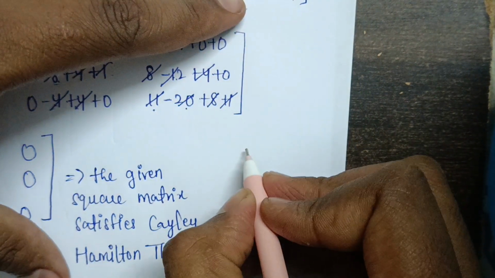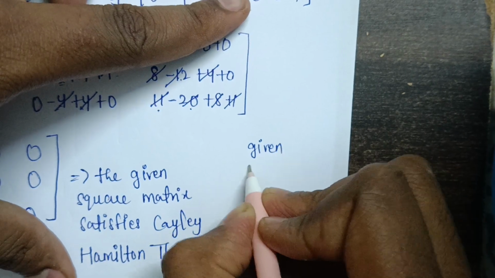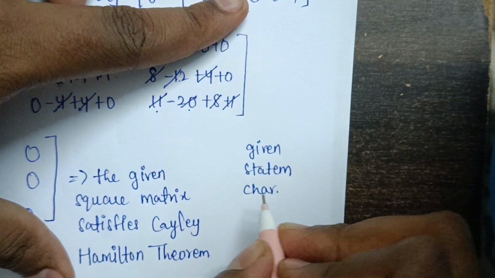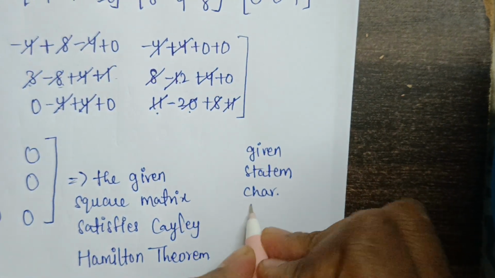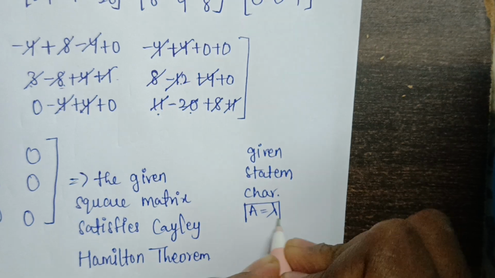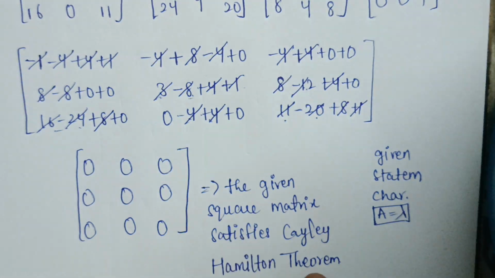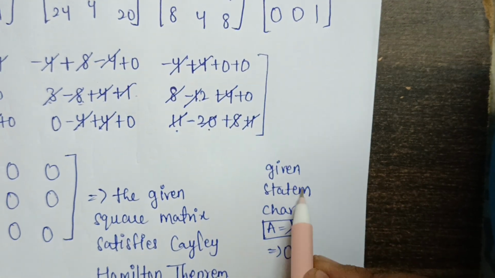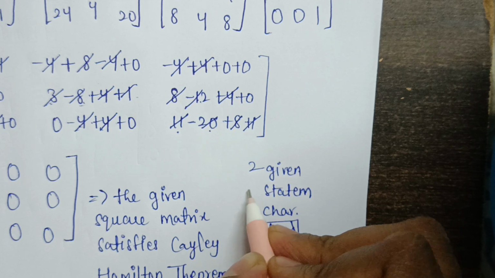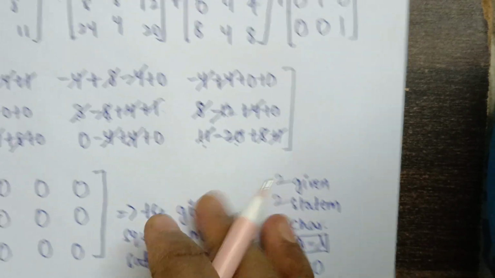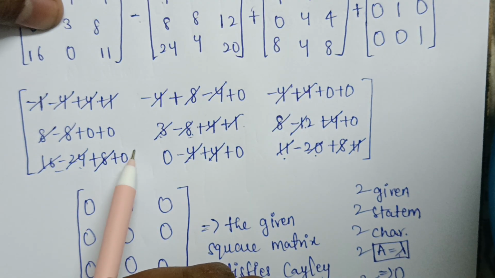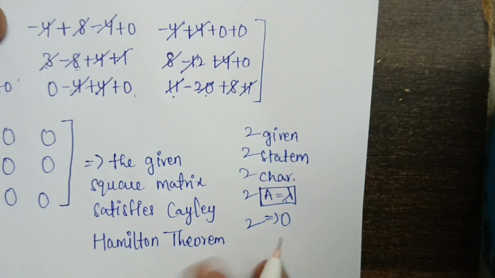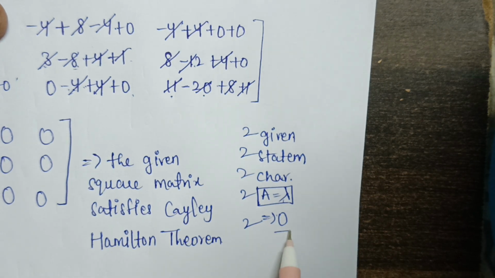So firstly, we should write the given matrix, then the Cayley-Hamilton statement, then we should find the characteristic equation, then substitute A in the place of lambda, then do these calculations and get the matrix. In the JNTU correction paper pattern, every step will be awarded some marks. For this step 2 marks, 2 marks, 2 marks, 2 marks and 2 marks. If you miss this step you will definitely lose 1 mark. So after doing it so perfectly, at the last minute we shouldn't lose any marks. So this is the exact pattern of how you should attempt the Cayley-Hamilton question.